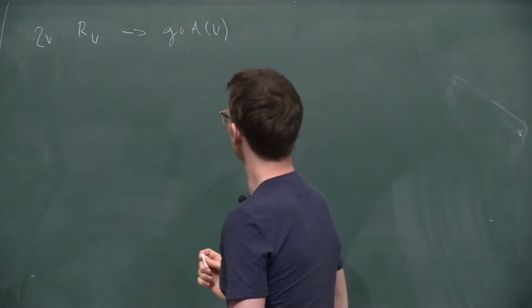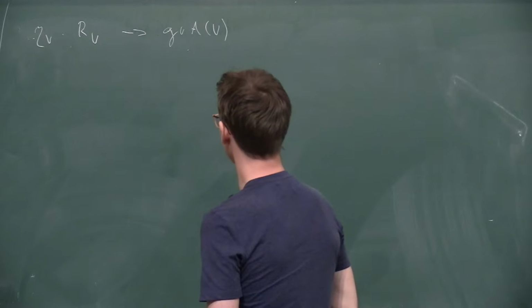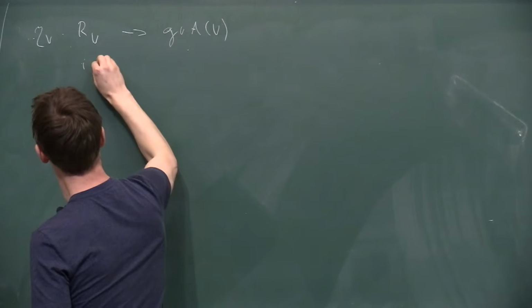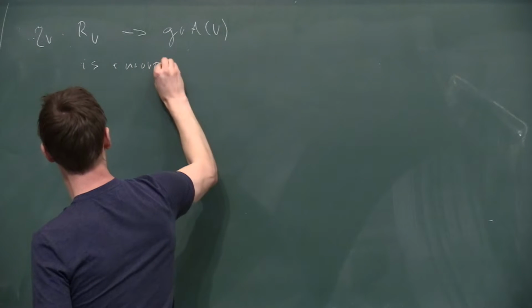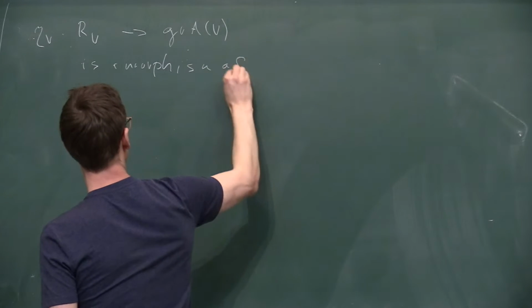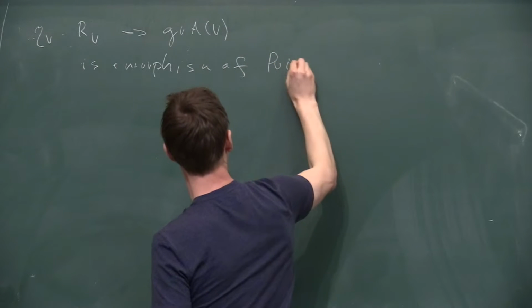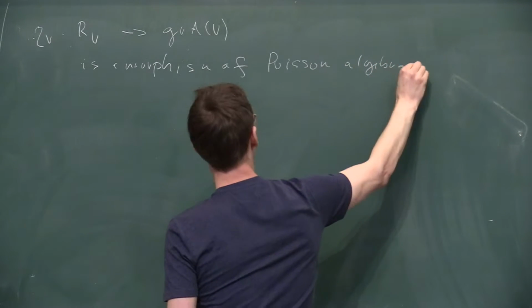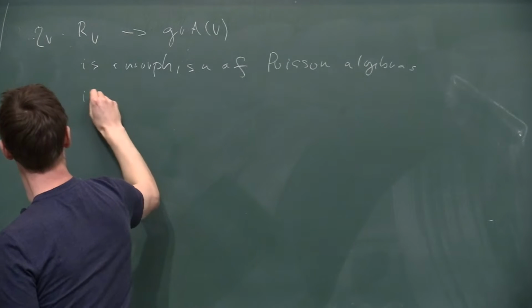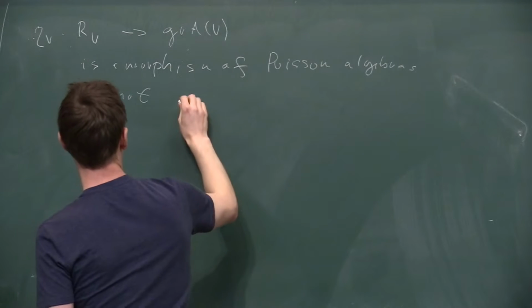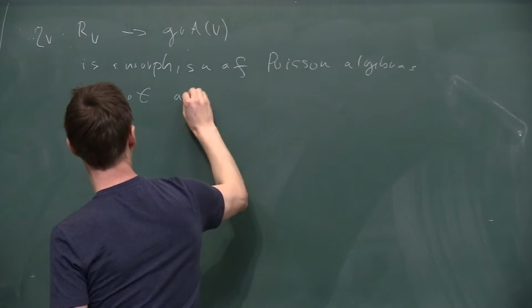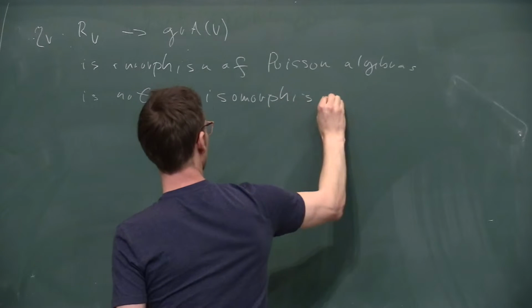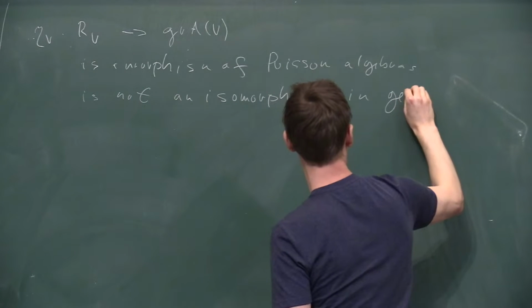This mapping is in general just a surjective morphism of Poisson algebras, and it's not an isomorphism.